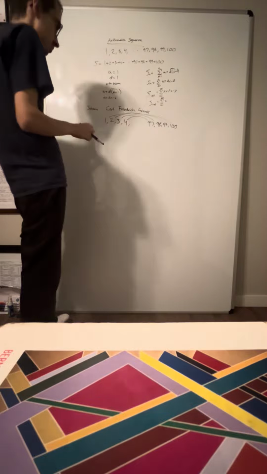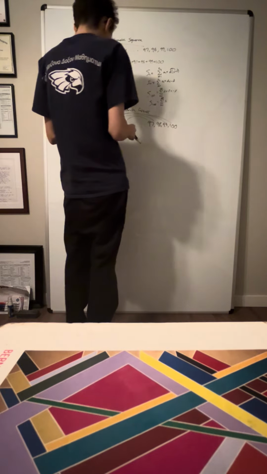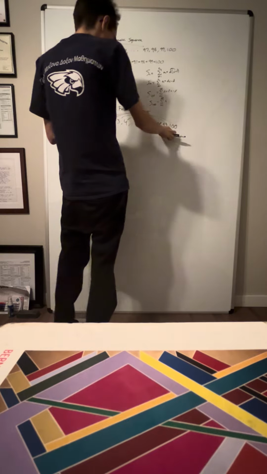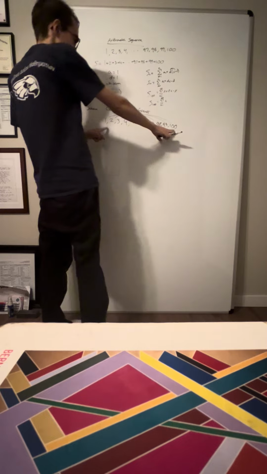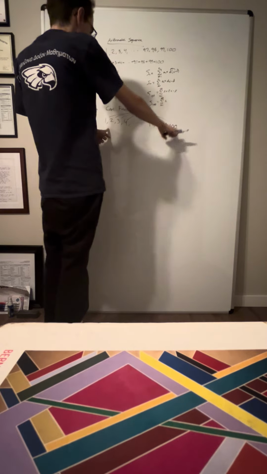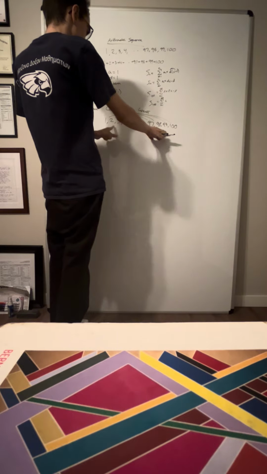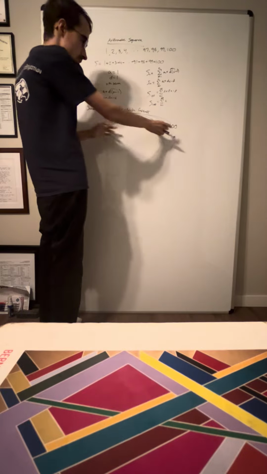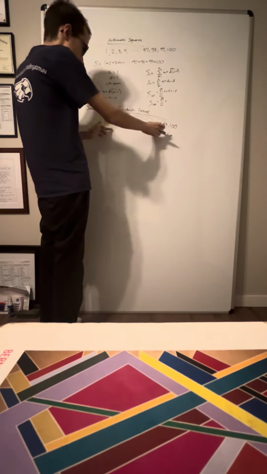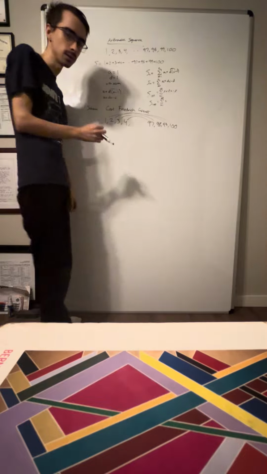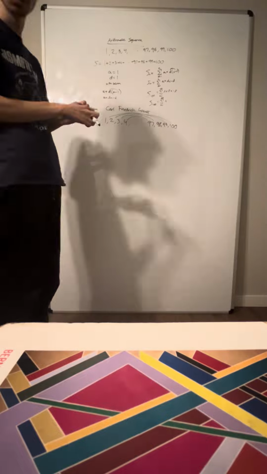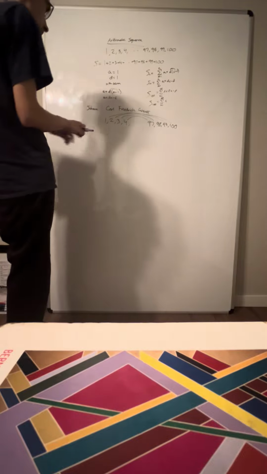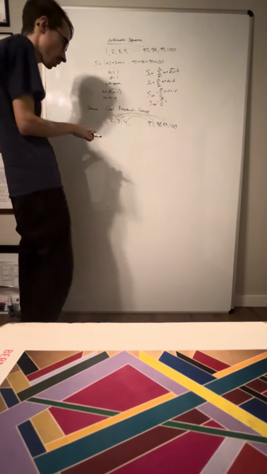If you take the first term plus the last term, you get 101. And for each pair going down, it's the exact same sum all the way down.